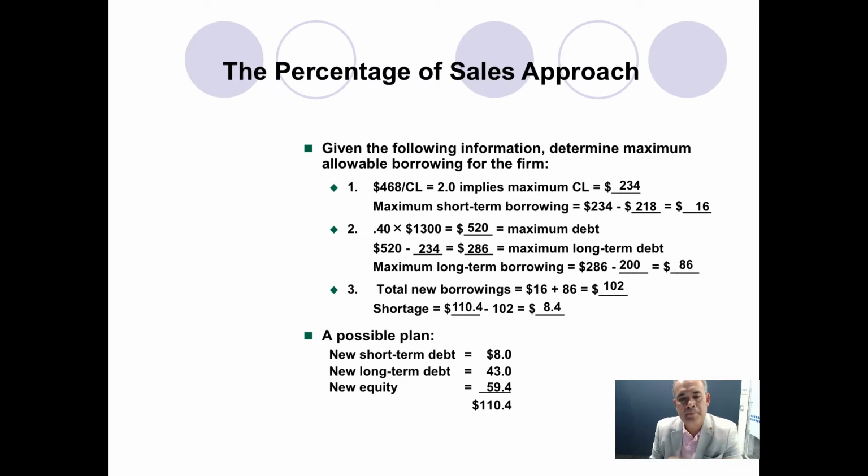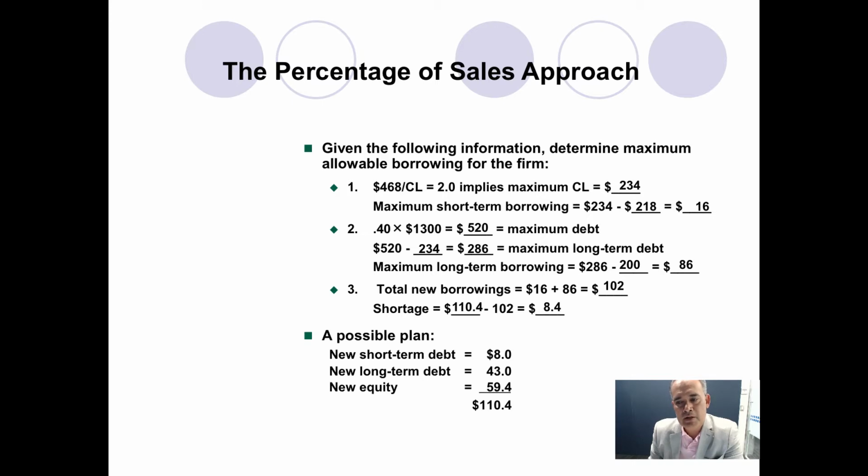First of all, I will impose my first restriction. The current ratio, which is current assets divided by current liabilities, cannot be below 2. This implies a maximum of 234 million in current liabilities.